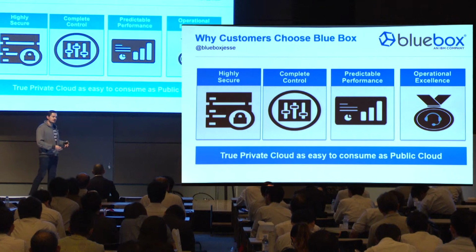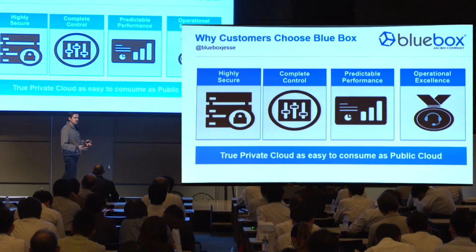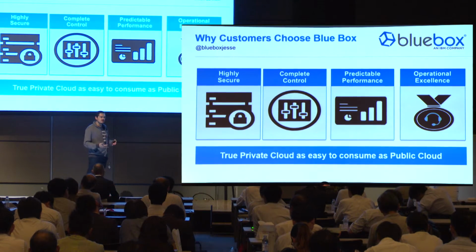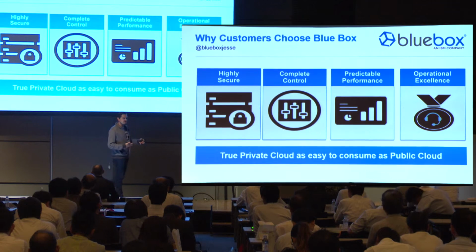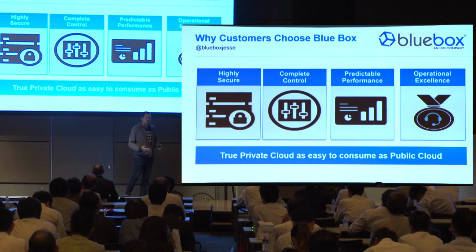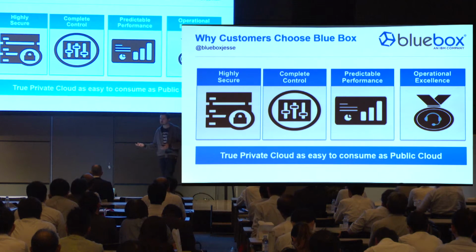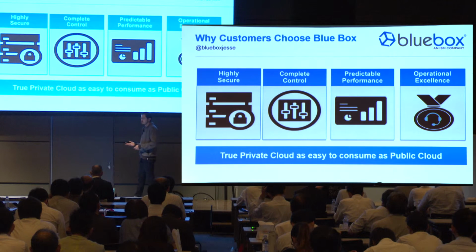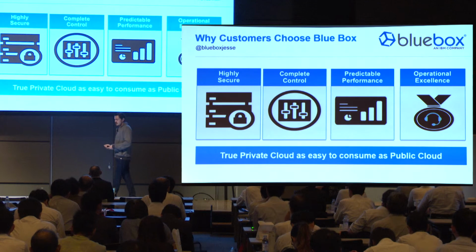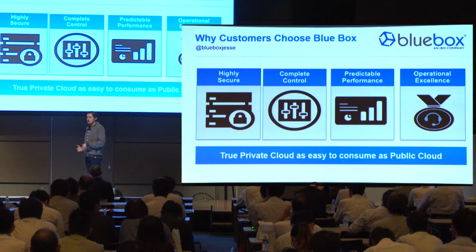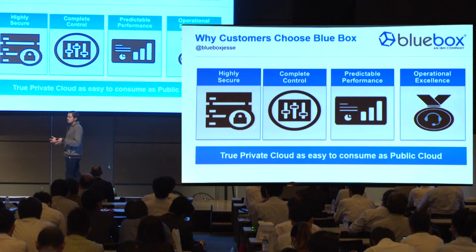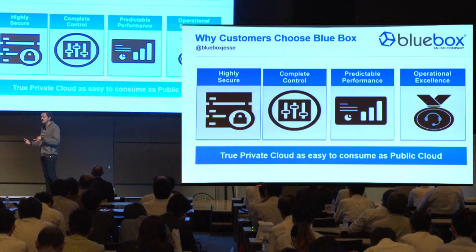Predictable performance, as Mark mentioned, one of the benefits of SoftLayer and the benefits of bare metal is having consistency in that performance, so you know exactly what to expect out of your environment. And with a private cloud, you are your own neighbor. You don't have other customers sitting alongside next to your infrastructure using your resources. And then lastly, operational excellence. As I mentioned, the Blue Box environment is fully managed by IBM.